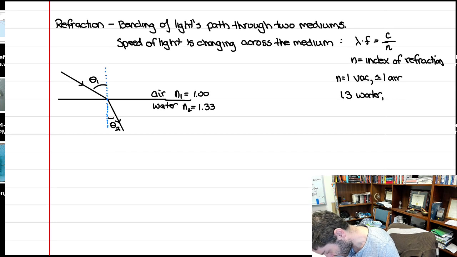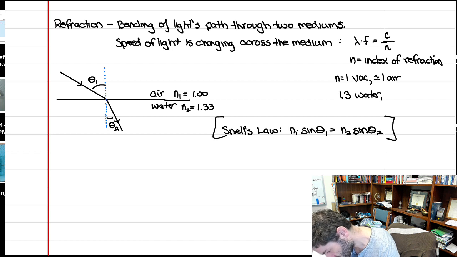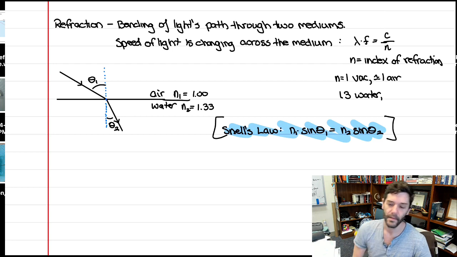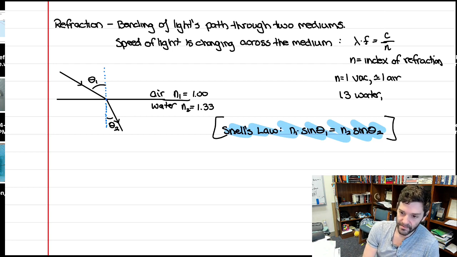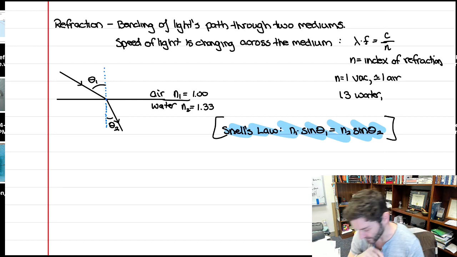It's what's called Snell's law: N1 times the sine of theta 1 equals N2 times the sine of theta 2. Again, a very simple relationship that gives you how the light beam bends as it crosses an interface.